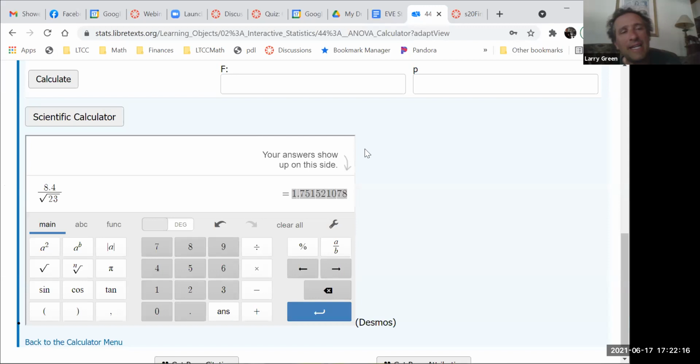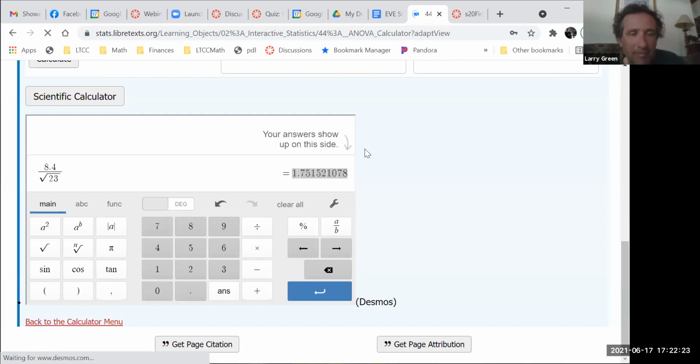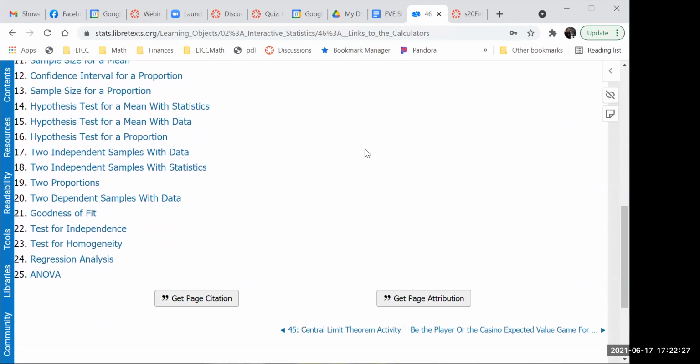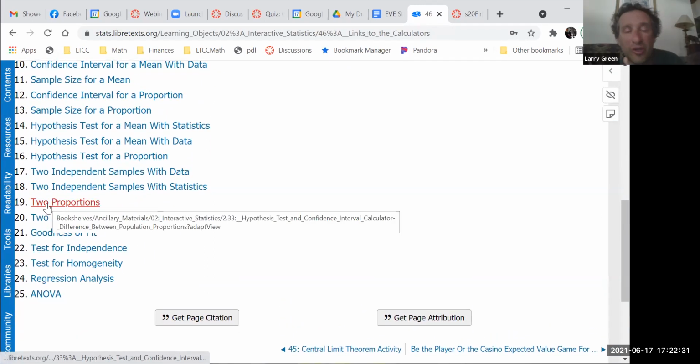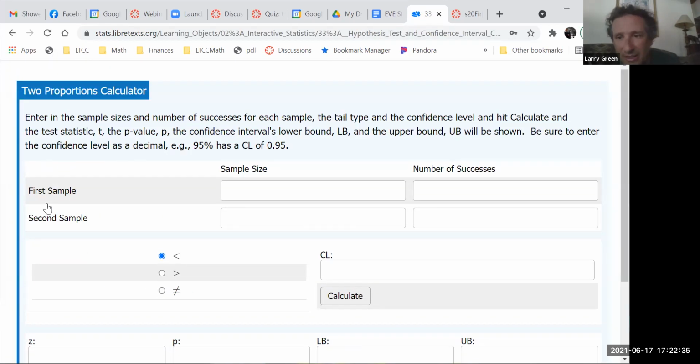Okay, and again, on the test, it'll be embedded in there. But for us, I'm just clicking to the calculator. Which calculator do I use? 19. Yeah, 19, two proportions, because we have a P1 and a P2, or a PUC and a PCSU. It asked for the sample size and the number of successes.